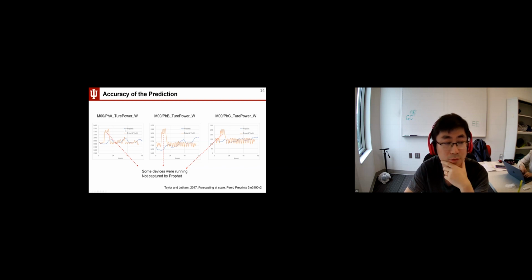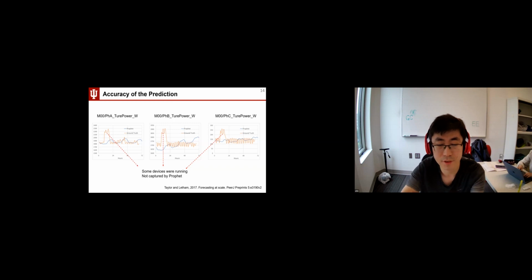The blue line is the prediction from Prophet, and the orange line is the ground truth in the 3 days. You can see there is a higher peak for the ground truth. That means some devices were running in this period, but Prophet doesn't capture this data.